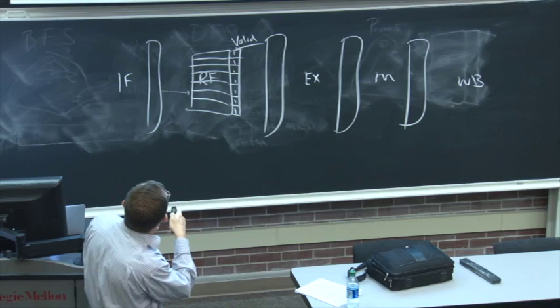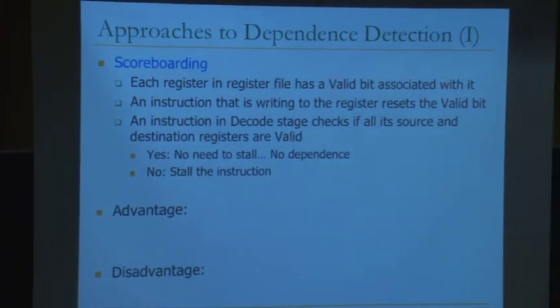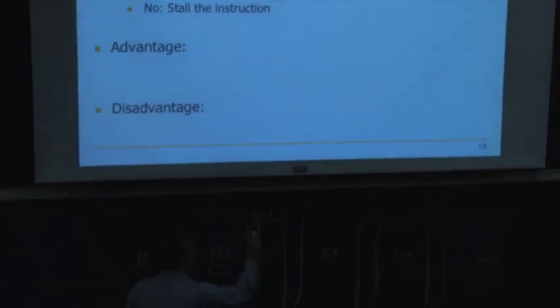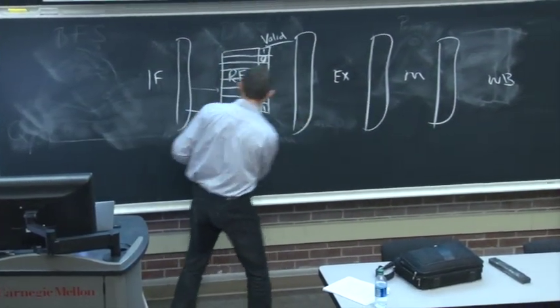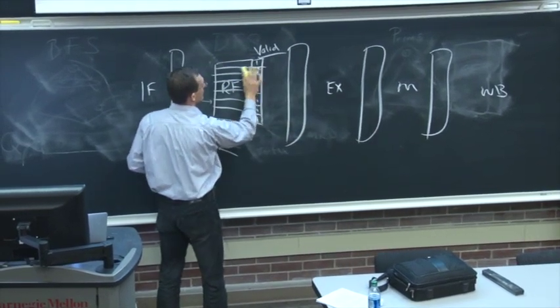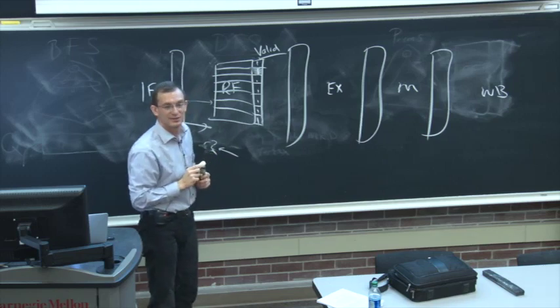And an instruction that writes to the register file, when it's decoded, let's say you have an instruction that's writing to register 2, it resets the valid bit of register 2. And then it keeps executing. And once it writes back register 2's value, at that point, it sets the bit back to valid.